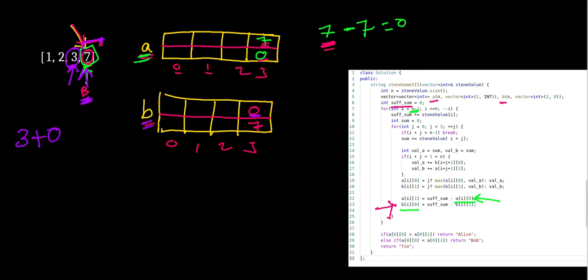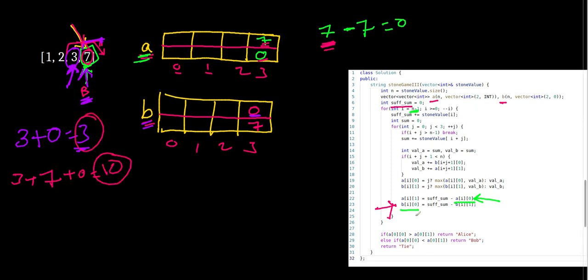So 3 plus 0 equals 3. So if Alice took 1 stone, her score will be 3. If Alice took 2 stones, 3 plus 7 plus, here we went out of the table, 0, so it's 10. The max of this value is 10.